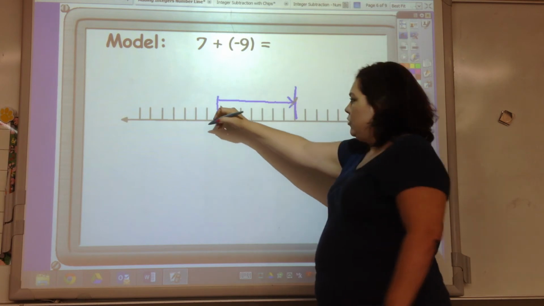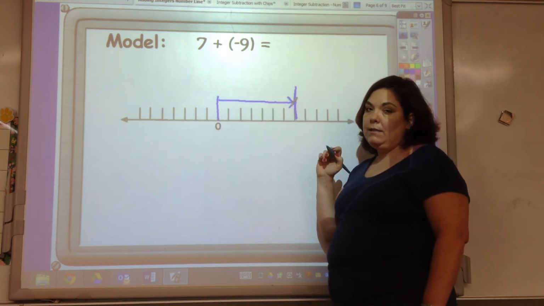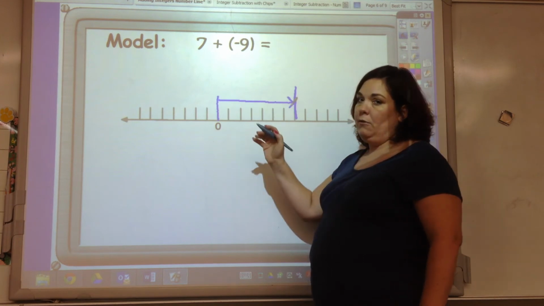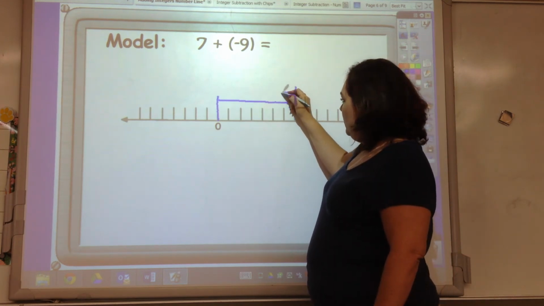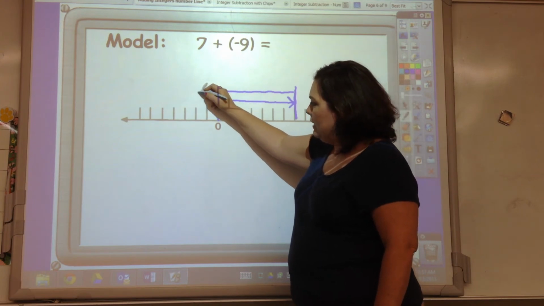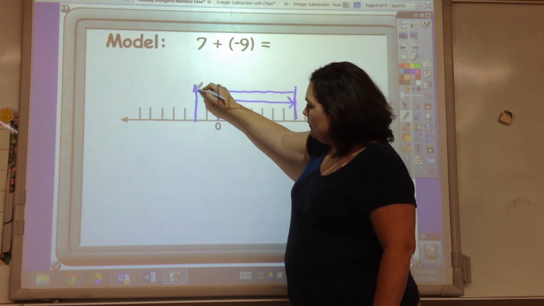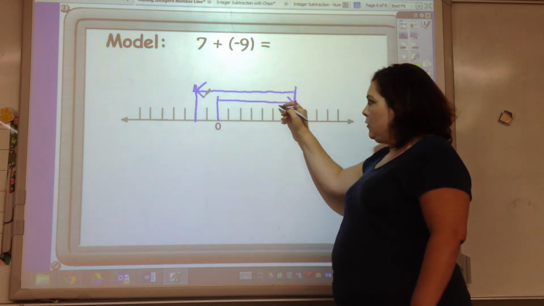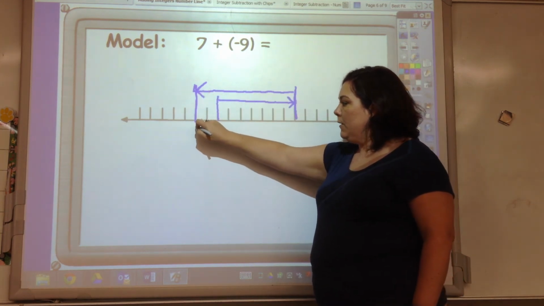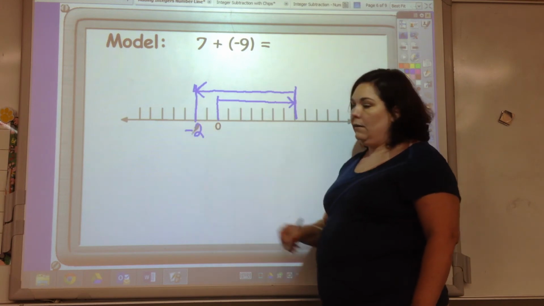My little arrow showing that I went to the right because it's positive. And -9, I'm going to go to the left. So 1, 2, 3, 4, 5, 6, 7, 8, 9. Here's my first number. Here's my second number. My answer is where that line comes, and it's -2.